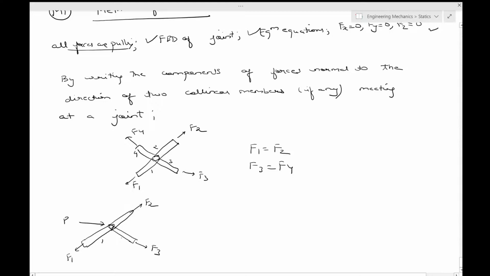Okay, 1, 3, 2. So now you have two collinear members forming a joint, and then there is a third member also.